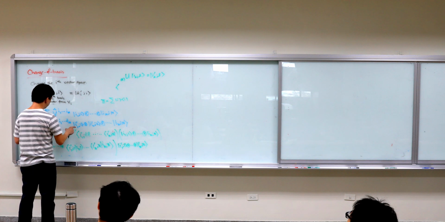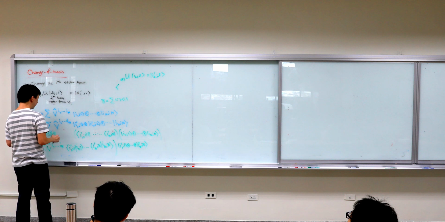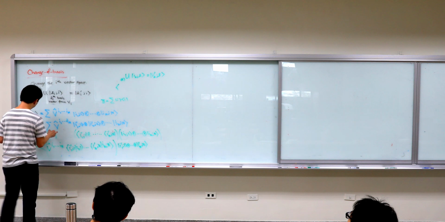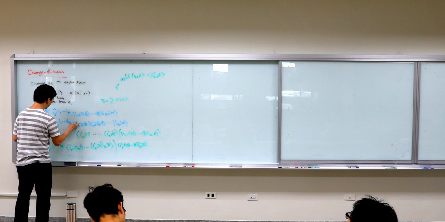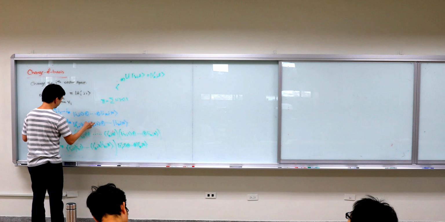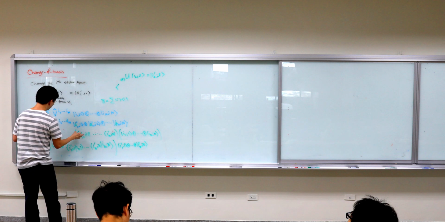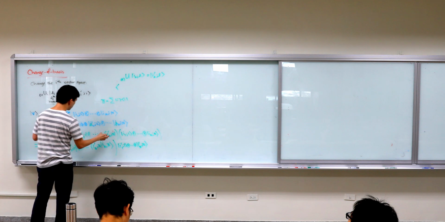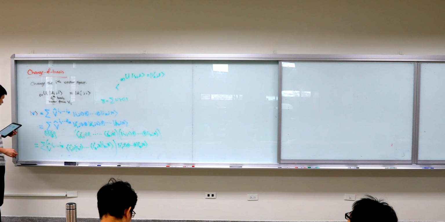I don't mean that these are the same numbers. I better call them J's because these are different. So this is J, J, J, J, J.